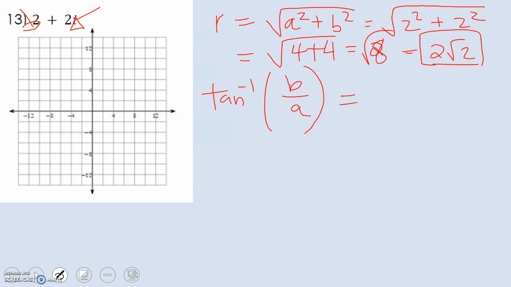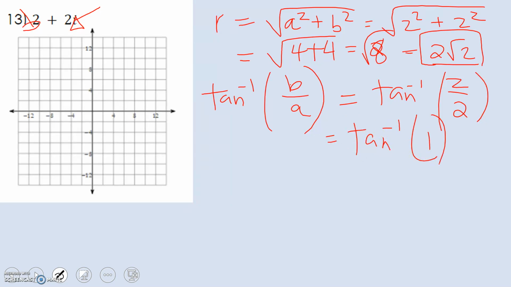So b is 2, so tan inverse of 2 over 2, which equals tan inverse of 1, which equals 45 degrees. This comes from the unit circle. We need to find our answer in radians, so 45 degrees equals pi over 4 in radians.